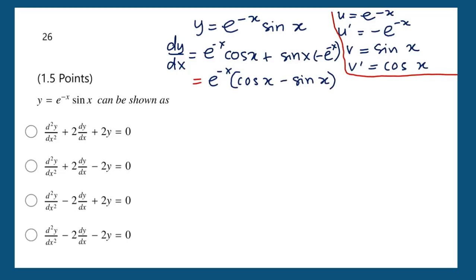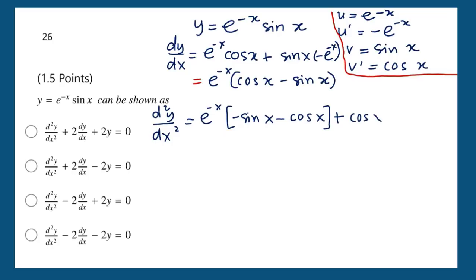Okay, in the question we can see that there is a second derivative, so you need to proceed with the second derivative. d2y/dx squared, using the product rule, you take u, differentiate the bracket, you get negative sine x minus cos x. And then plus v u prime. U prime will be equal to negative e to the power of negative x here.